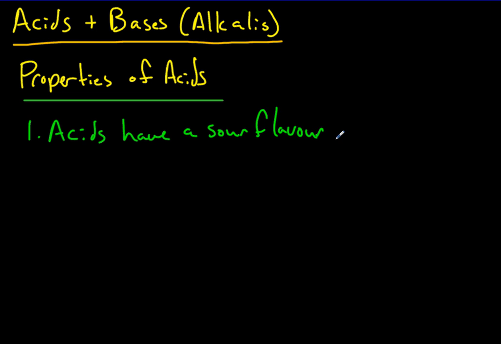Okay, now, certain acids are fine to eat, they're edible. However, any lab acids, we ask that you never ever put them on your tongue, because another property of acids is that they tend to be corrosive, okay? Which means they can cause chemical burns to your skin.